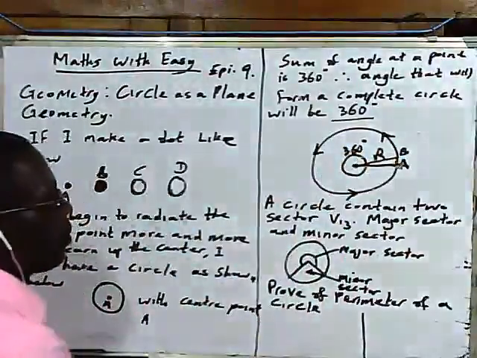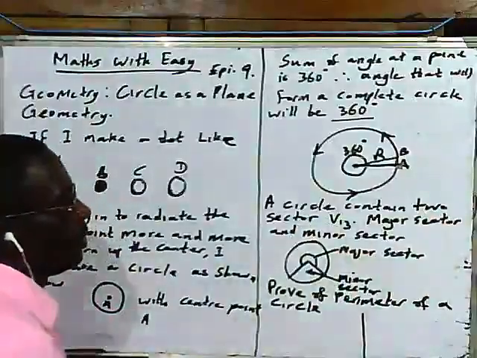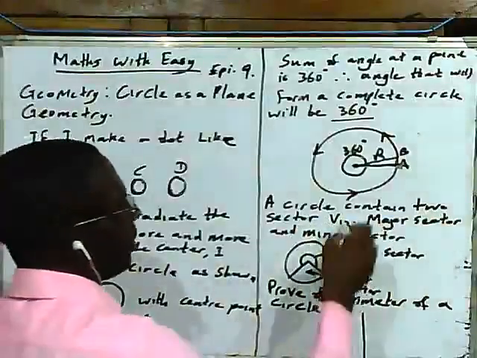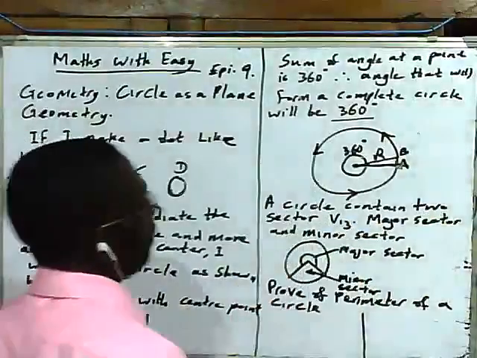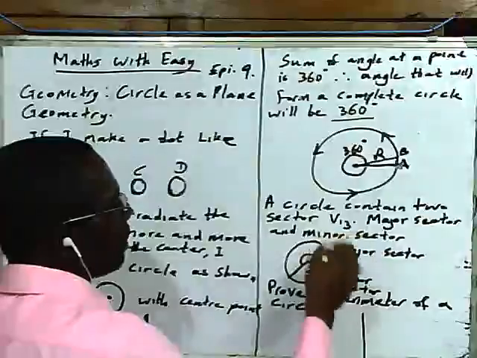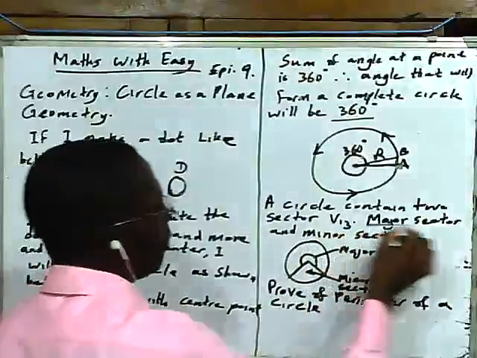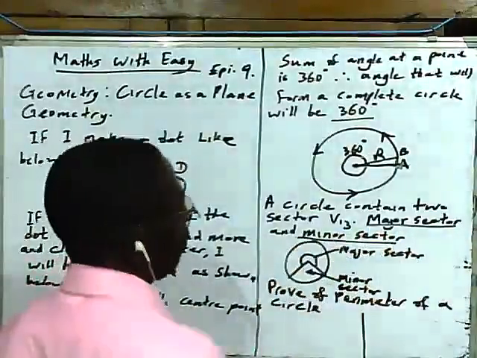So a circle contains two sectors. And what we mean by a sector is just a fractional part of a complete circle. And these two sectors, we call the major sector and the minor sector.